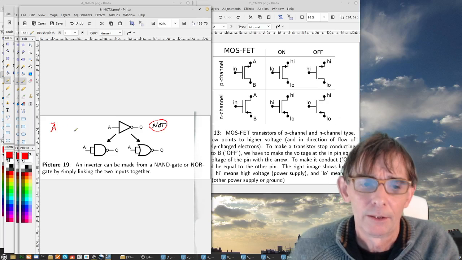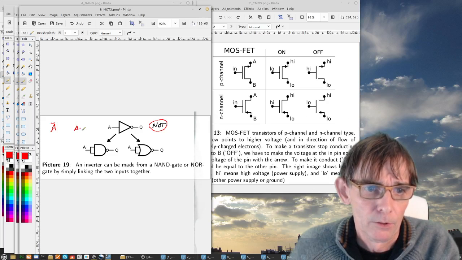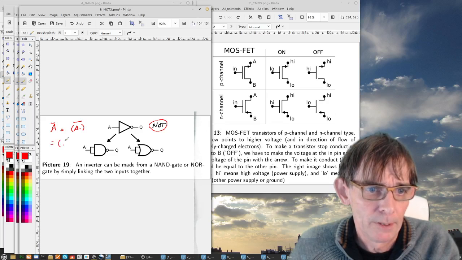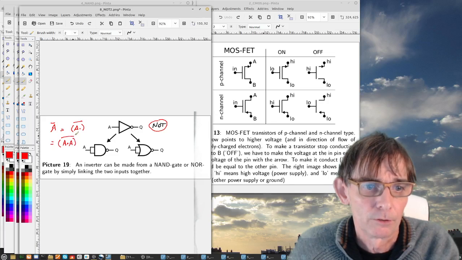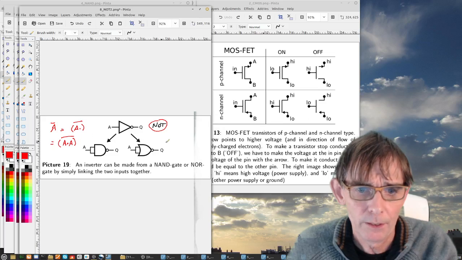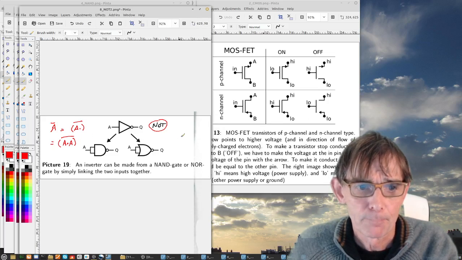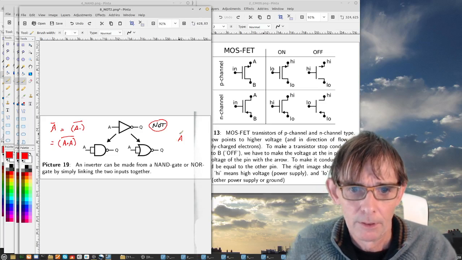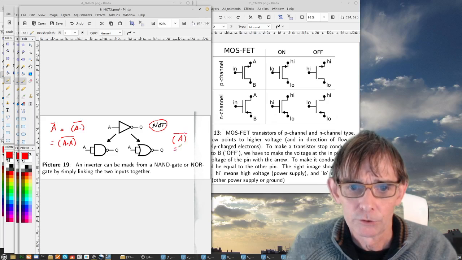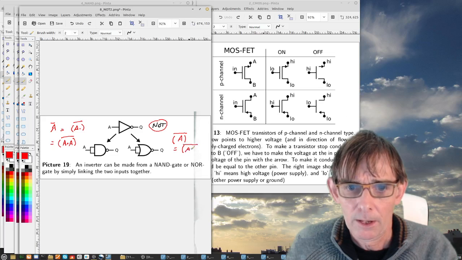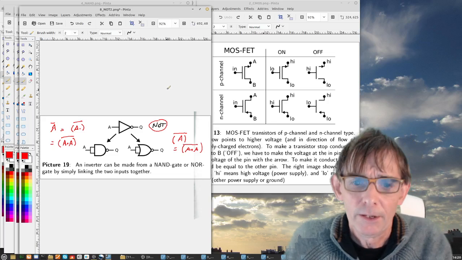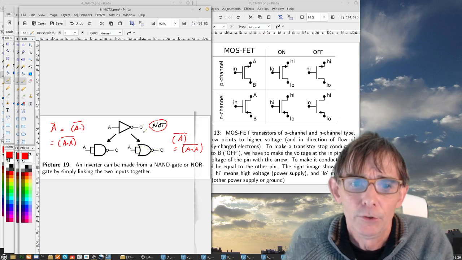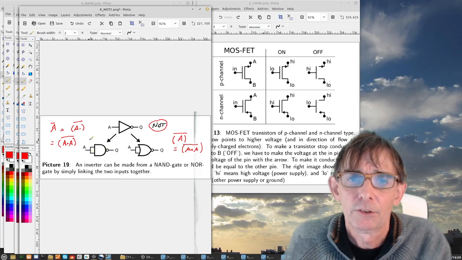So NOT A is equal to NOT in brackets A and A, because A and A equals A. And in the same way, not A equals not A or A, because A or A equals A. That means that not A or A is actually not A, and not A and A is actually also not A.